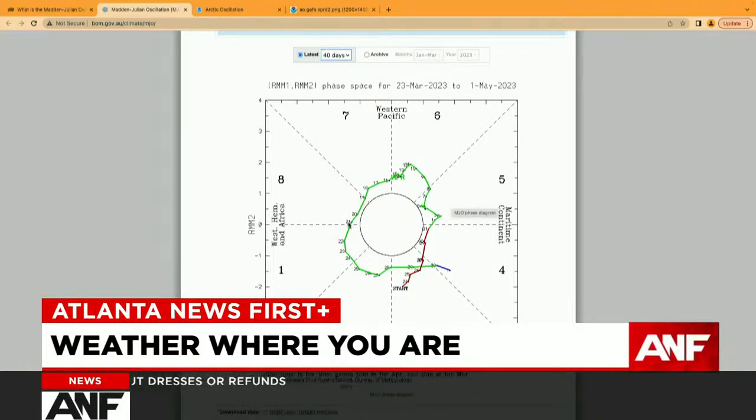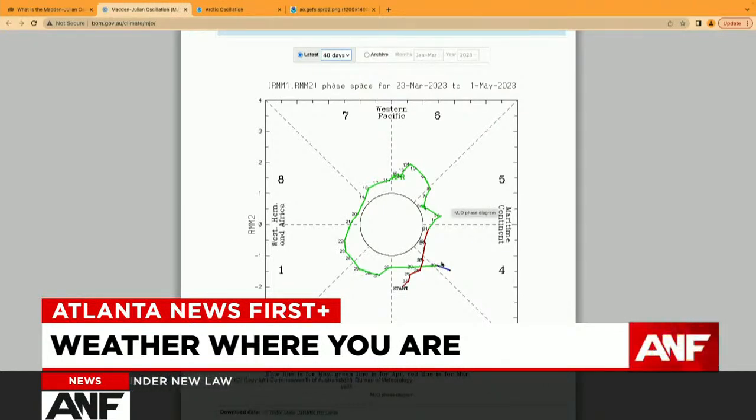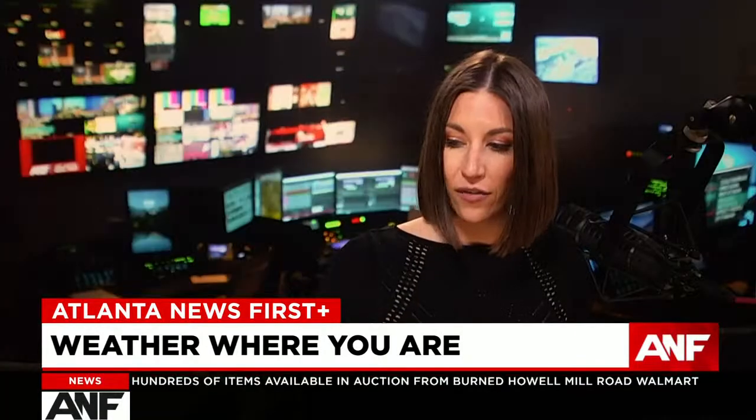That was when we started to turn cold, okay? Phase 8 and 1, abnormally wet for the southeast. It looks like we had a couple of rain systems that move through. So now we're getting into phase 4. That's a warm phase. So as we get into phase 4, I expect it to warm up.